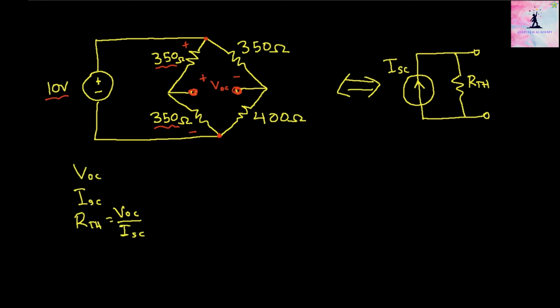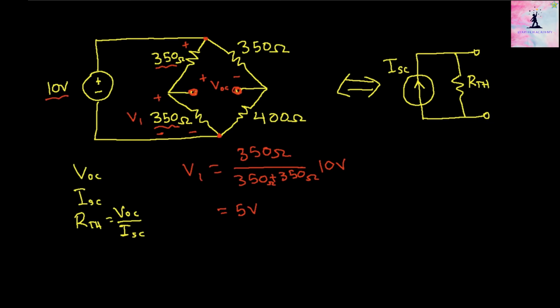So I can use a voltage divider to get the voltage across this resistor. Let's call this V1. V1 is going to be 350 ohms over 350 plus 350 ohms times 10 volts, which works out to be 5 volts.